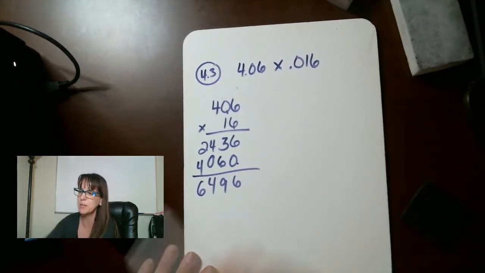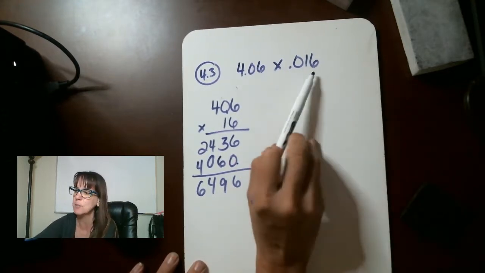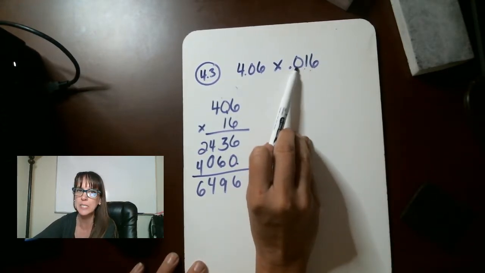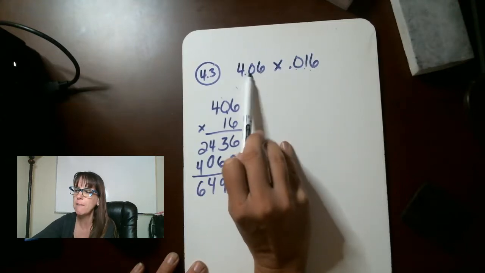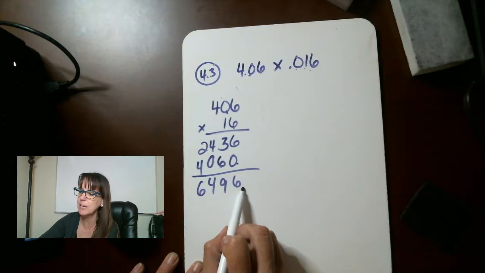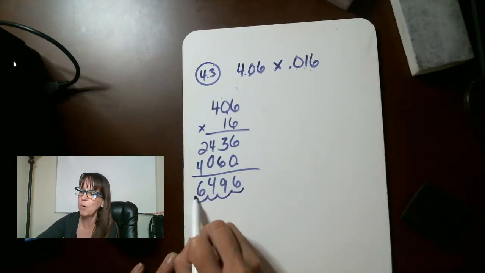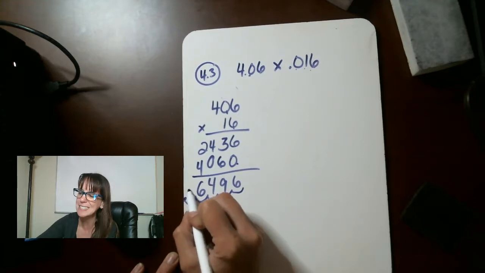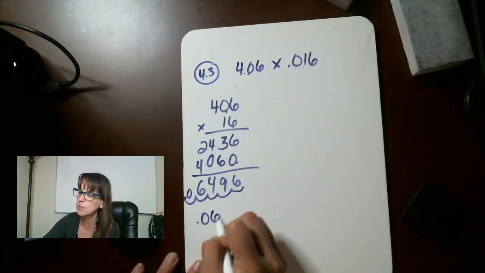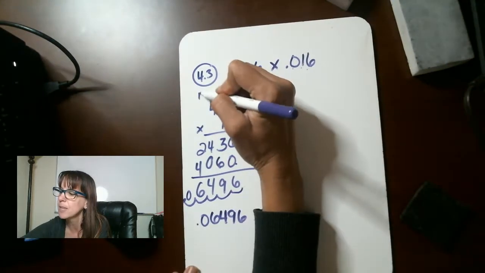Now, what we do is we look at the original problem and we count the digits that are behind decimals. 1, 2, 3 digits here. 4, 5 digits are behind decimals, which means we have to go from here over 5, 1, 2, 3, 4, and 5, which means we got to add a 0 there. So our answer is 0.06496.